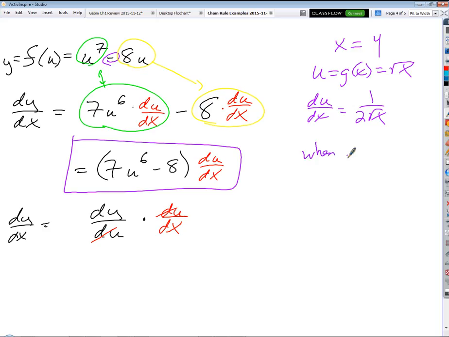Then u would equal 2, right? Square root of 4. And du dx would equal 1 over 2 times 2, which is 1/4. So I could just plug those in. Every place I have a u, I could plug in a 2. Every place I have a du dx, I could plug in a 1/4 and get a numerical answer, right?